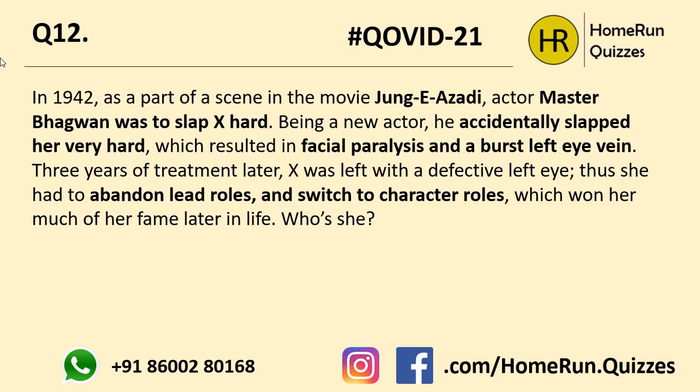So she switched over to character roles. This is question number 12 and 13 to 15 have a connect. So who is this lady who was devoid of lead and switched on to character roles? And after Ramayan being retelecasted on TV, this actress was also in the star cast of the legendary Ramayan. So who are we referring to?